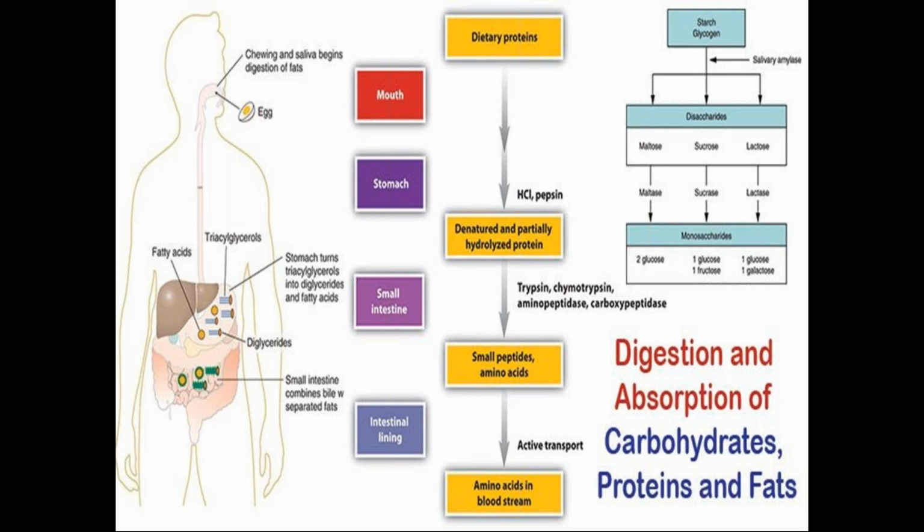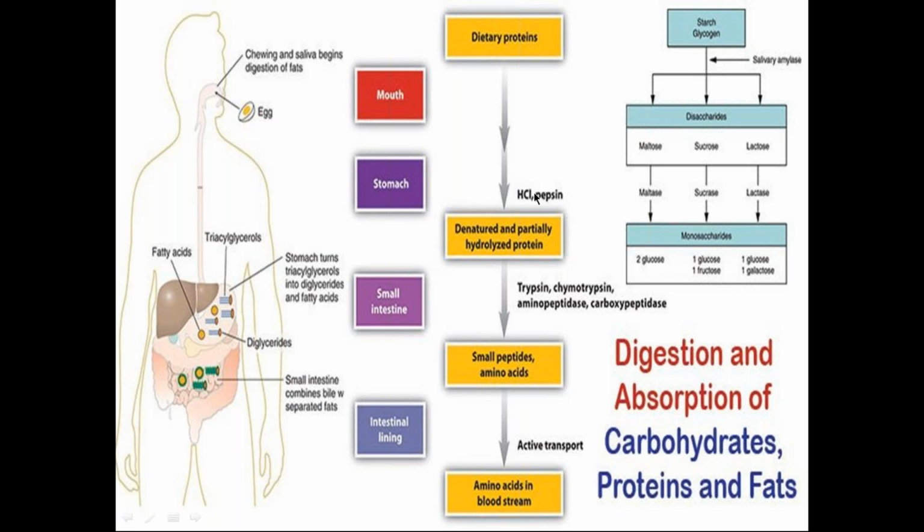So just to summarize, this is showing you the digestion and absorption of carbohydrates, proteins, and fats. Here you can see the mouth, the stomach, the small intestine, and the intestinal lining. The starch and the glycogen present in the food are acted upon by salivary amylase and pancreatic amylase, and broken down into disaccharides, and then by the brush border disaccharidases into monomers, and then they will be absorbed.